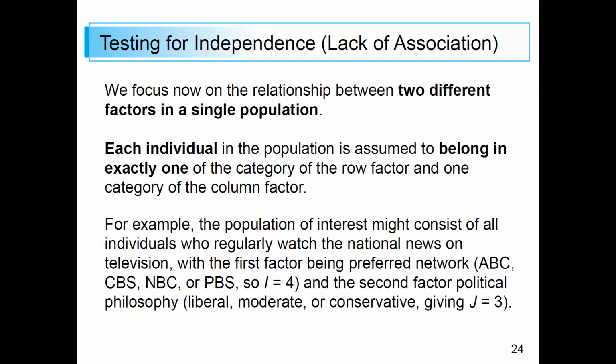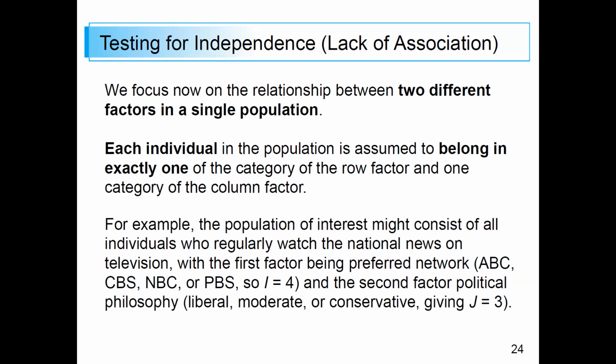So imagine you have this in the rows, and for the columns, we're now considering something such as political philosophy, whether a person is liberal or moderate or conservative. For each individual being considered, this individual would be in exactly one of the row factor levels and exactly one of the column factor levels.